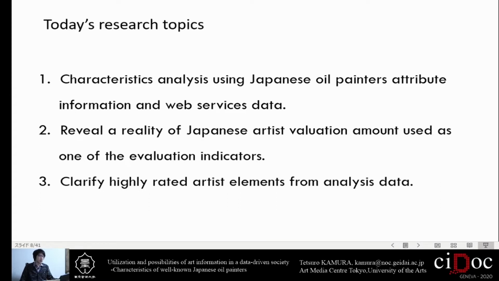Characteristics analysis using Japanese oil painters' attribute information and web data. 2. Reveal the reality of Japanese artist valuation amount, used as one of the evaluation indicators. 3. Clarify highly related artist elements from analysis data.